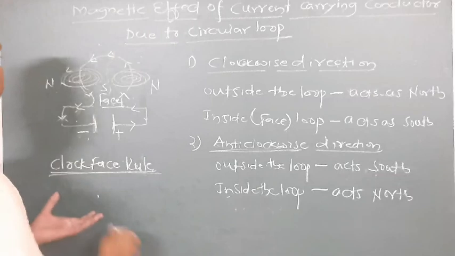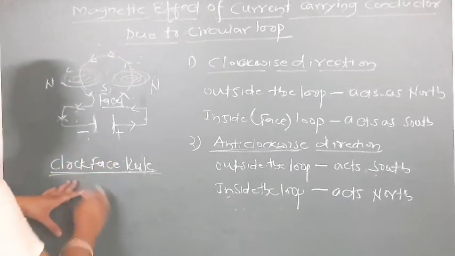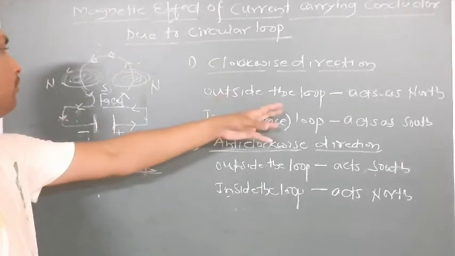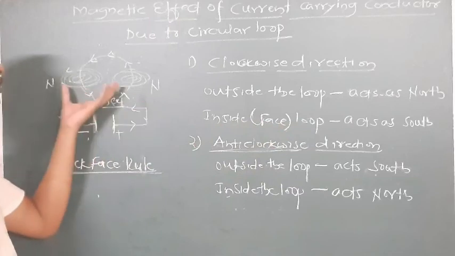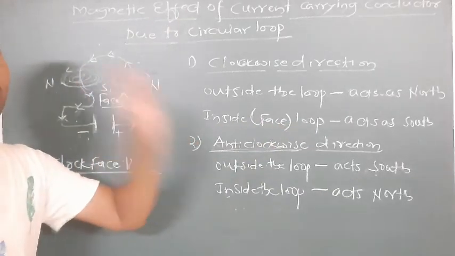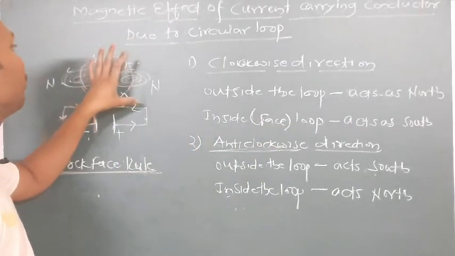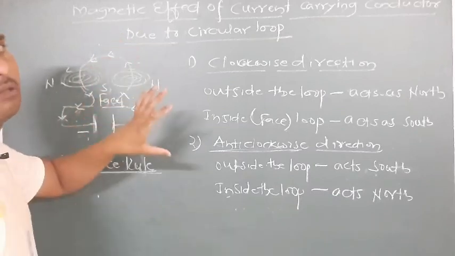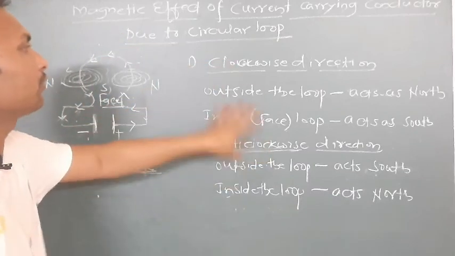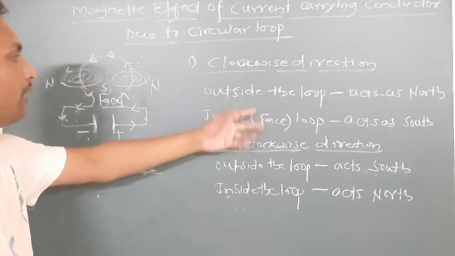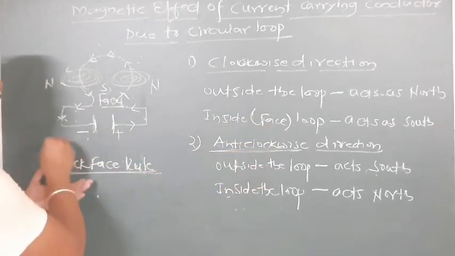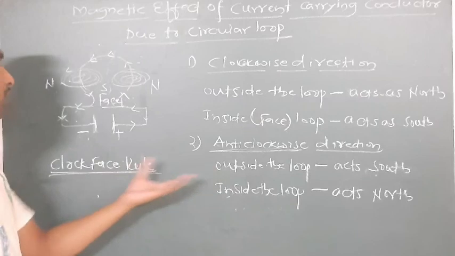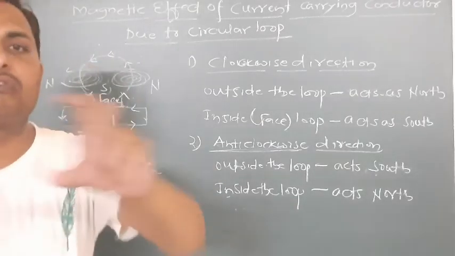So if this circular loop is behaving like a magnet, we need to find the poles of that magnet. We can use the clockwise direction and the anti-clockwise direction, and together we call it the clock face rule.